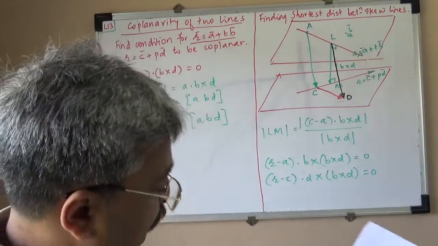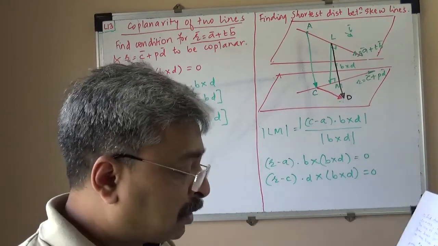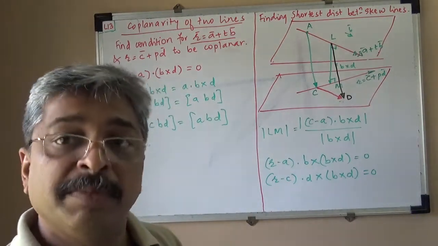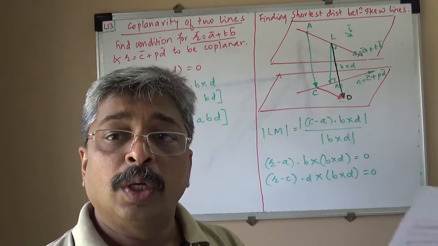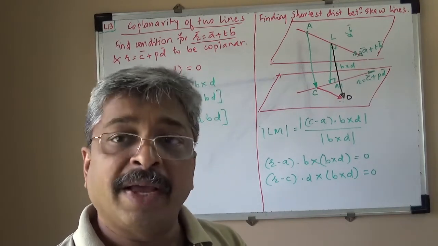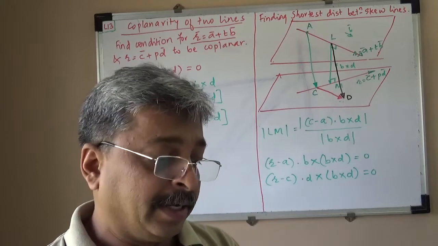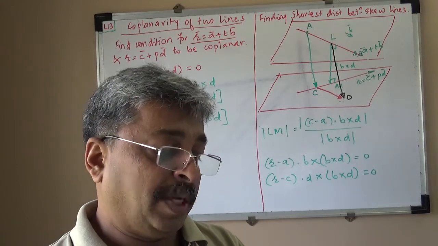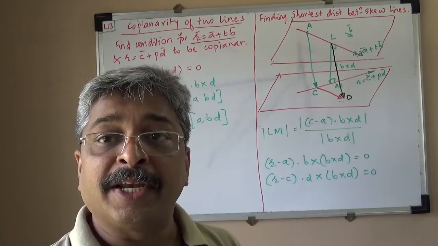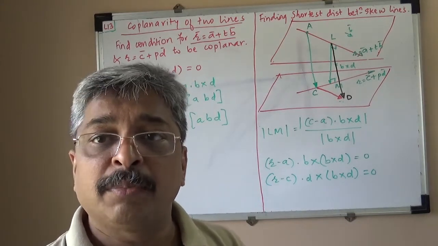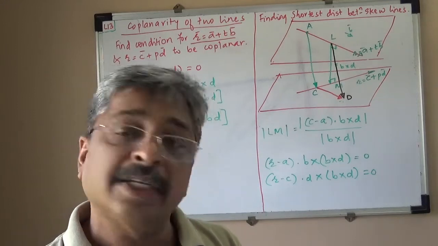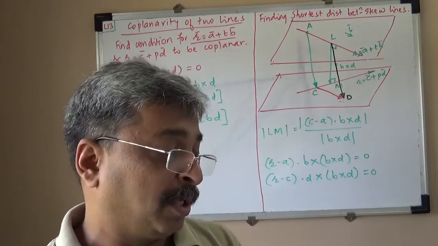Now this is something analogous to concurrency of angle bisectors in a triangle. The angle bisectors of any triangle are concurrent at I. It is a two-dimensional picture, therefore I is the incenter, that is a point, which is the point of concurrency.